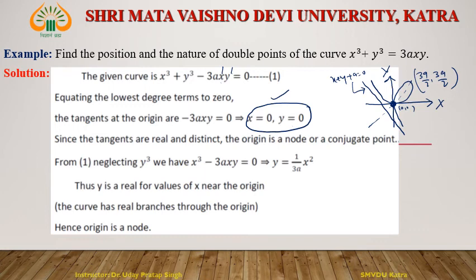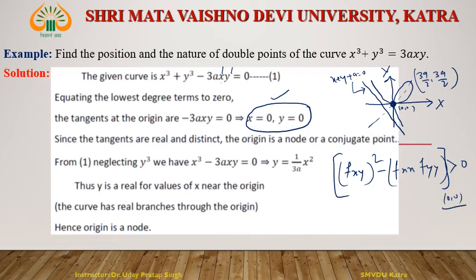You can verify by the formula also. You have to evaluate fxy whole square minus fxx fyy. Check whether this is greater than 0 at the point (0, 0) or not. Right? This (0, 0) satisfies this condition.